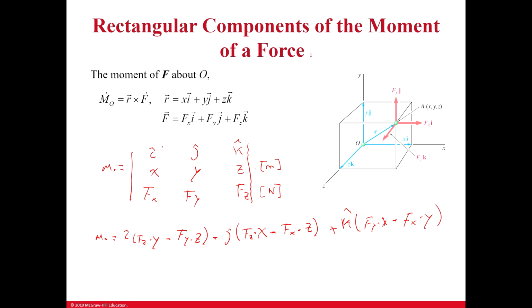So remember, it's very simple. The first term is i, so you cancel this column, cancel this row, and it's y times Fz minus z times Fy. It's just like a game. Minus j, cancel this row and this column, and you have x times Fz minus z times Fx, plus k, cancel this row and this column, and then from these four elements you have x times Fy minus y times Fx. Just by convention, I put the force first and the distance second. Okay, so that is basically what we get here.